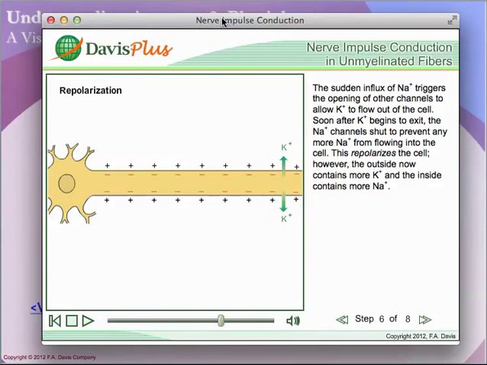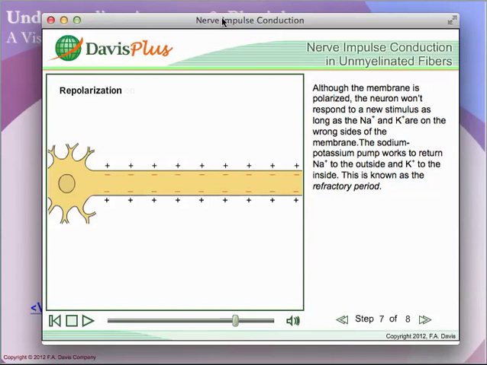Soon after potassium begins to exit, the sodium channels shut to prevent any more sodium from flowing into the cell. This repolarizes the cell. However, the outside now contains more potassium, and the inside contains more sodium. Although the membrane is polarized, the neuron will not respond to a new stimulus as long as the sodium and potassium are on the wrong sides of the membrane.